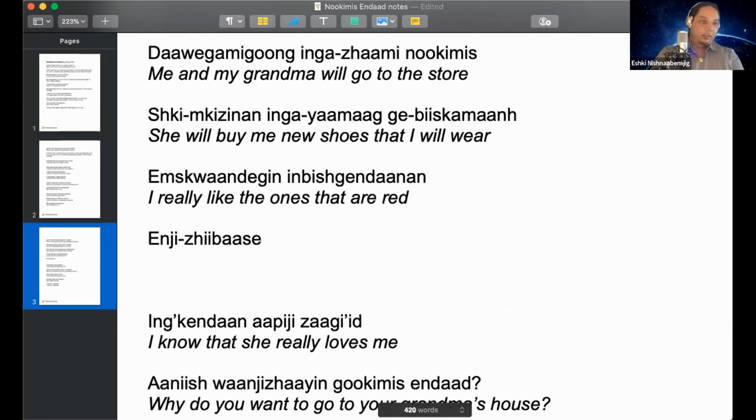Ezhi-nsastamaanh. So this is a verb that means hallway. That translates to hallway, but sort of means something like where one passes through.